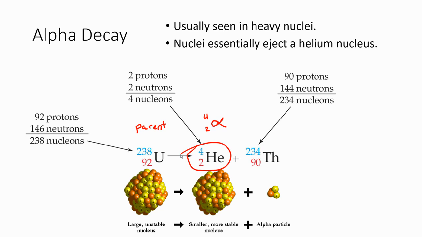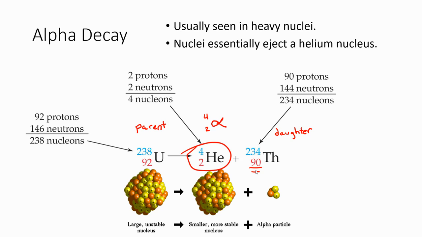What's left is always a daughter isotope that is more stable than the parent that it came from and will always differ from the parent isotope in two very predictable ways. The atomic number will be 2 less than the atomic number of the parent isotope. In this case, we go from 92 to 90, and therefore we've produced a new element in the process.